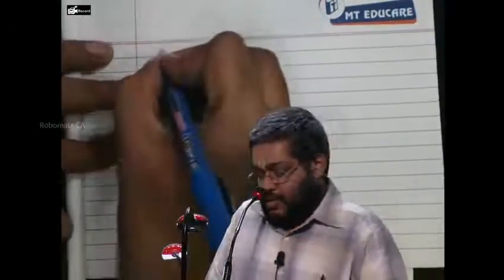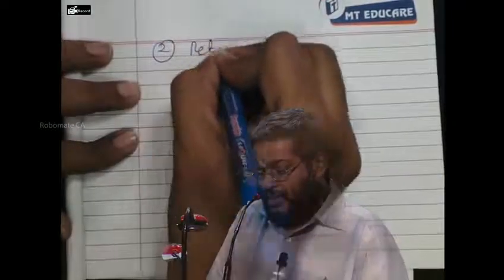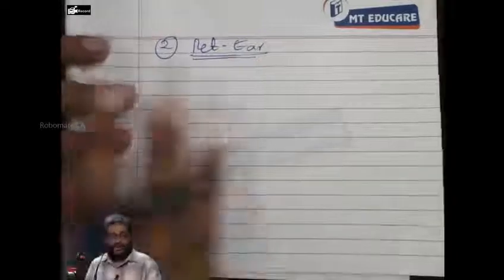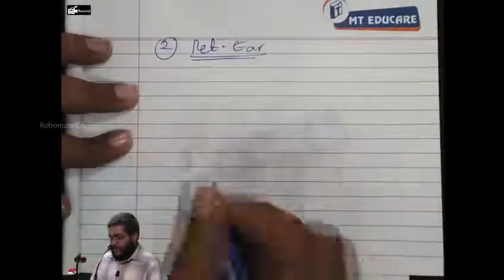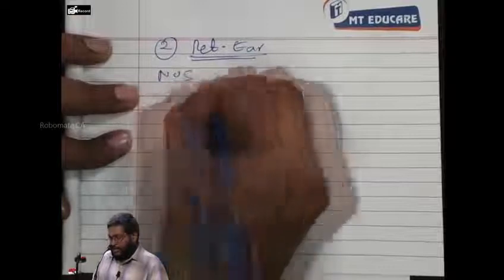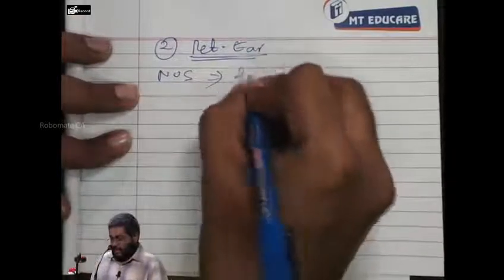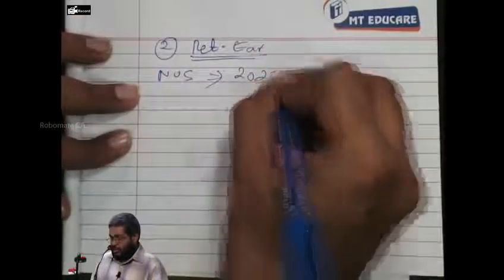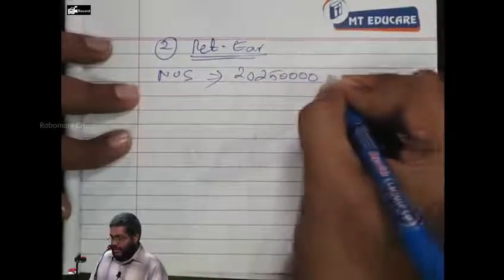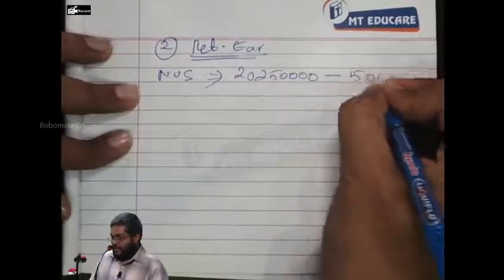Now, when I use retained earnings, let's see what happens to the share price. Listen here. The number of shares to be issued: how much money do I want? 2 crore 2 lakh 50,000, of which retention is 50 lakhs.